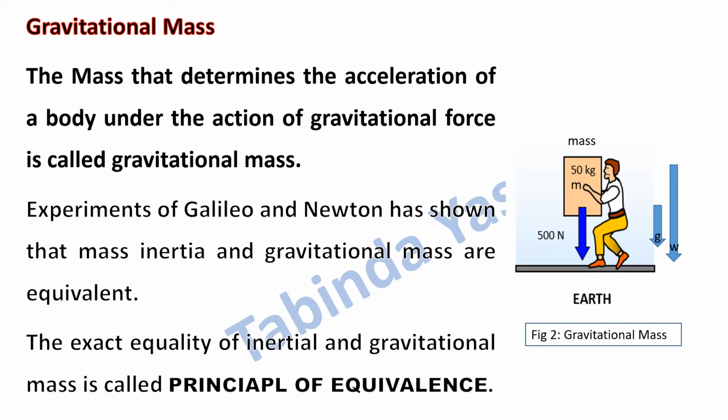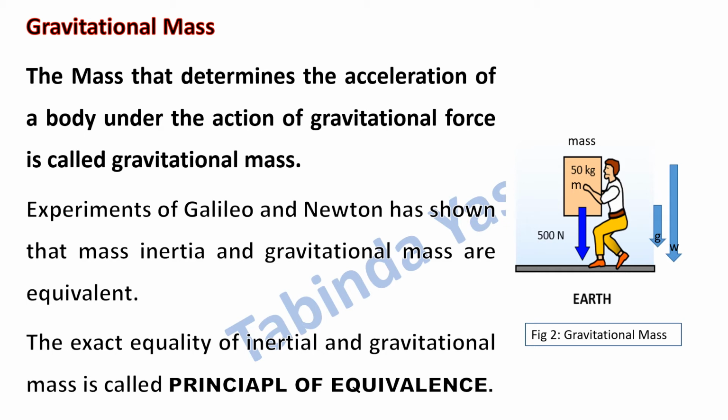And if we see that the weight is determined by W equals mg, it means that the mass, when acted on by the gravitational force on the surface of the earth, experiences an equal and opposite force, the normal force. That is called the gravitational mass of the object.